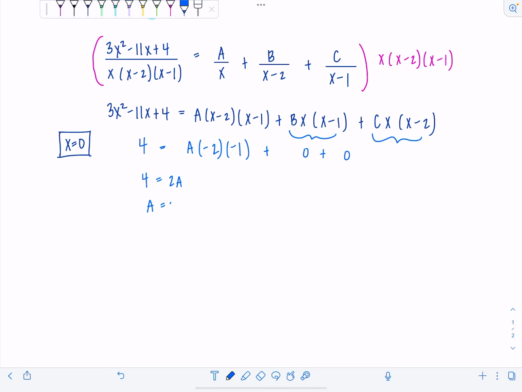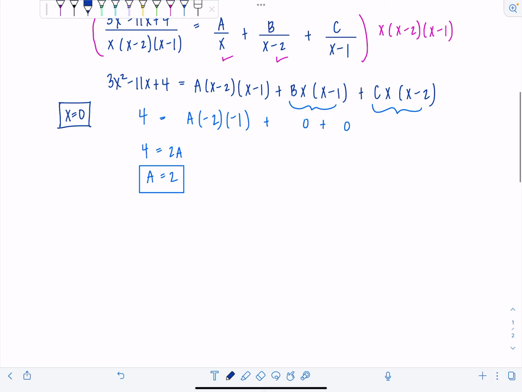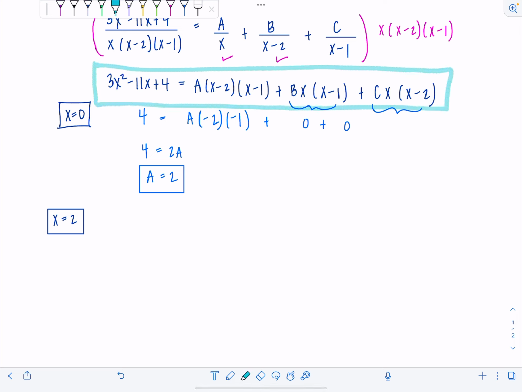So A is going to be equal to 2. Save that, and then we're going to repeat the process. So now we let x equal 0, then we can let x equal 2. So let's go ahead and substitute in 2 for x. Where do you substitute that in? After you've cleared out the denominators from the equation right here.